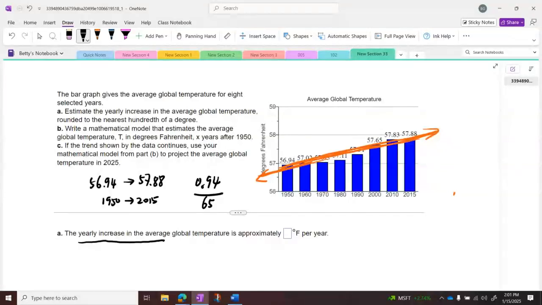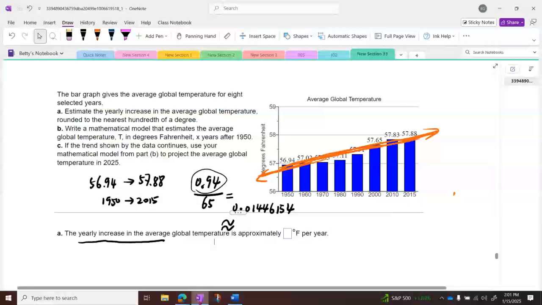Yeah, so that means over the 65 years, the temperature has gone up 0.94 Fahrenheit, and we divide that by 65. I have 0.01446154, and we need to round this.